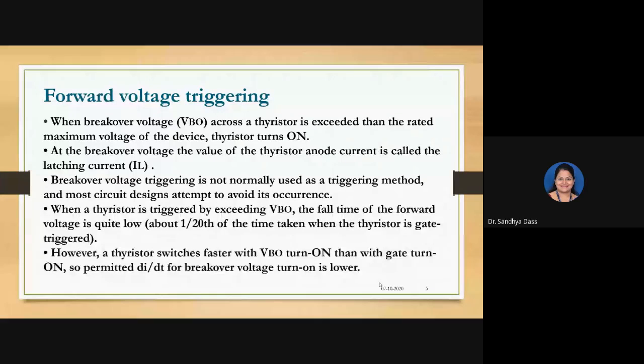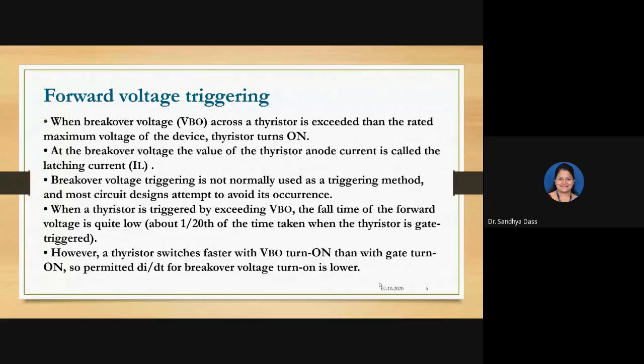And the moment the SCR turns on, the anode current that we get there will be our latching current. According to our definition, if you recall, what is our latching current? It is the minimum current required to keep the SCR in the turn-on condition.